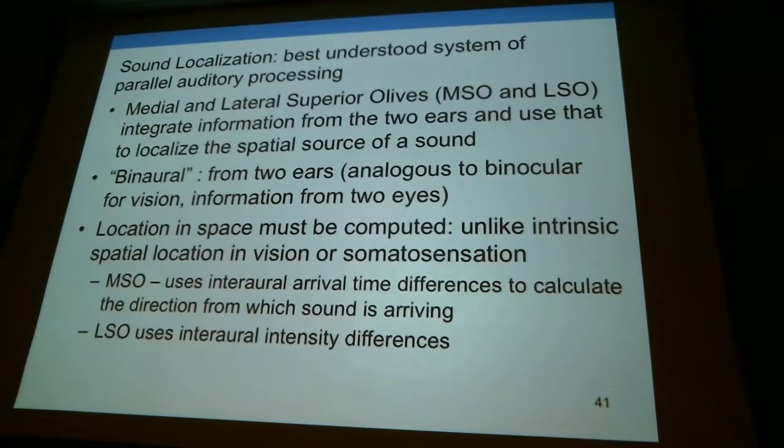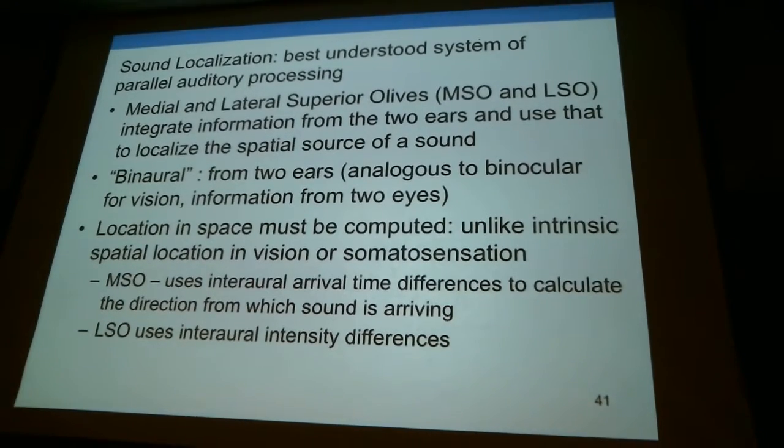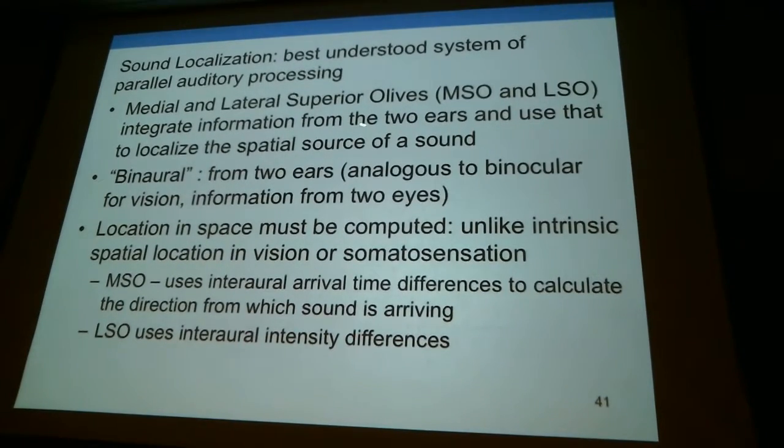So sound localization. There are two major divisions of the superior olivary complex, the medial and the lateral superior olive, abbreviated MSO and LSO. And these are the two major brain areas where you can compute two cues for sound localization.